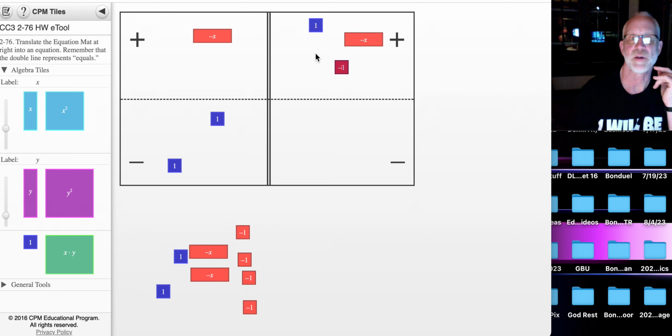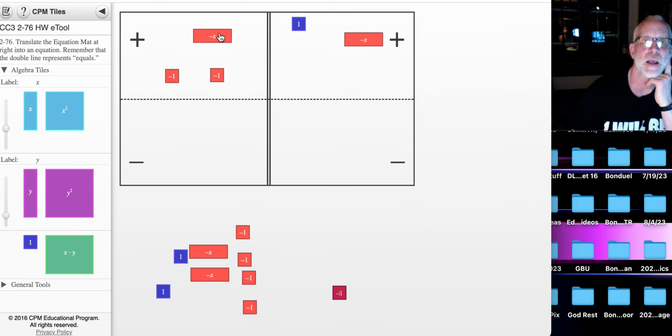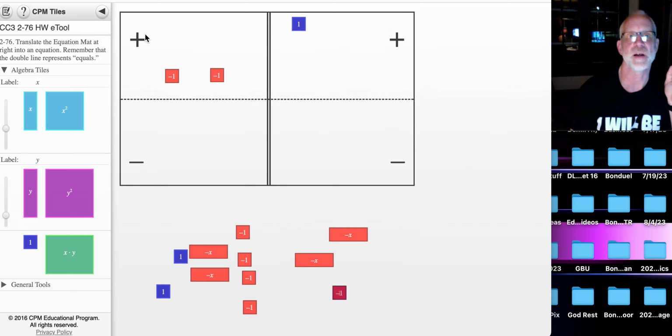Oh, I see a 0 pair. And then if I pull this one over here, that becomes negative. Wait a minute. Yeah. So I see a -x on each side. And over here, I have -2 on this side.